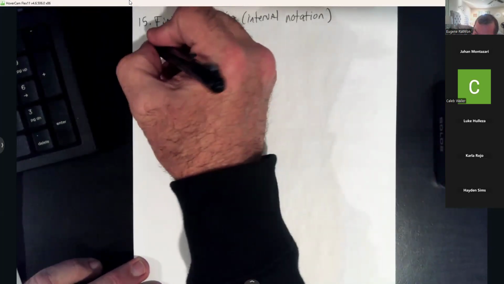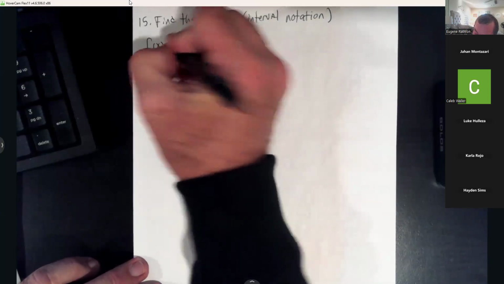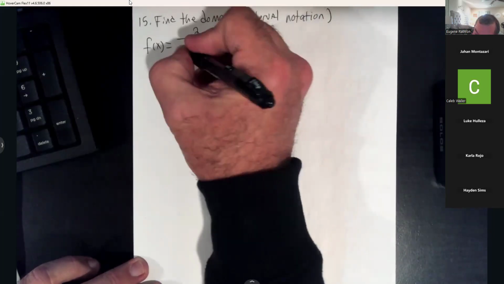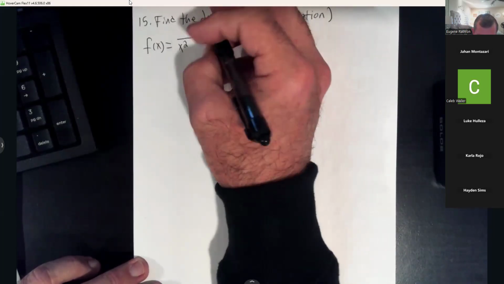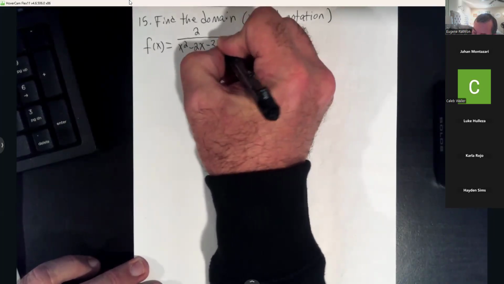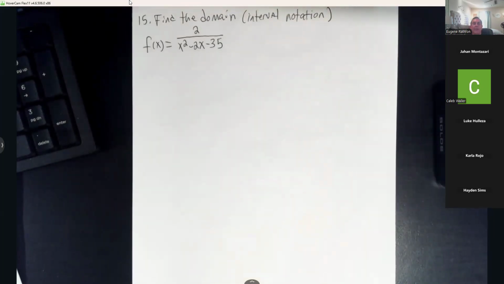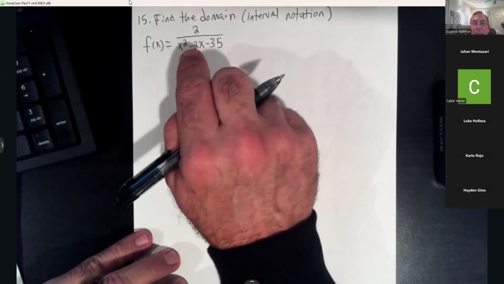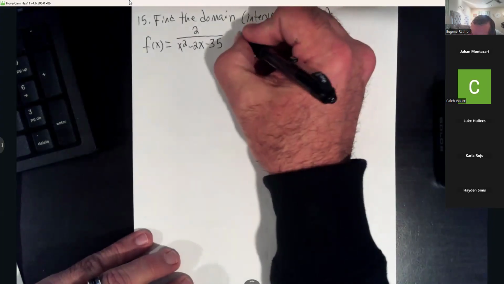So they're giving me f of x equals 2 over x squared minus 2x minus 35. So y'all check this out. To find the domain would be the same thing I did when I found those vertical asymptotes. I'm going to take the bottom and set it equal to 0.